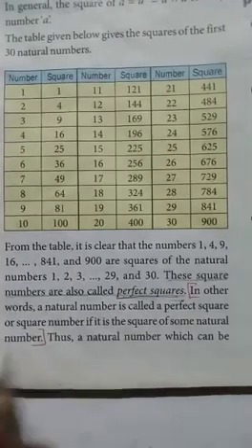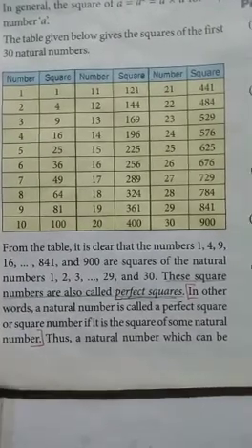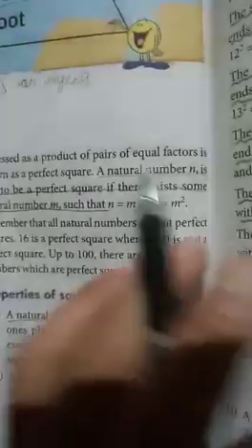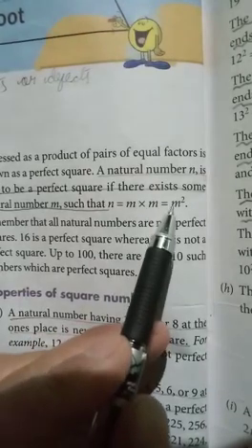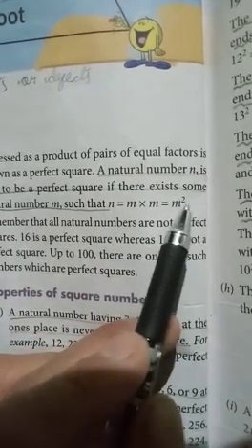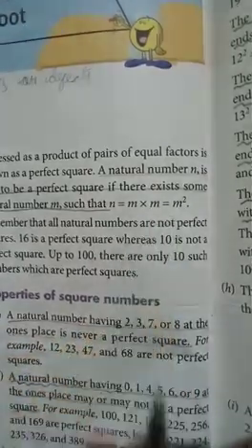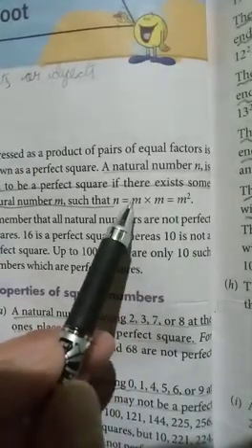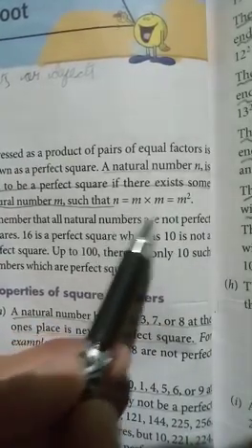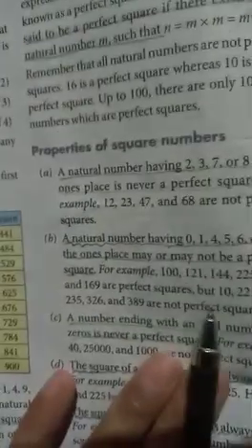That means we get that number by multiplying two same numbers. Then we can write it this way: m into m, we write m2, m to the power 2, or you may read it as m square. So a number obtained by multiplying two same numbers is called a perfect square.